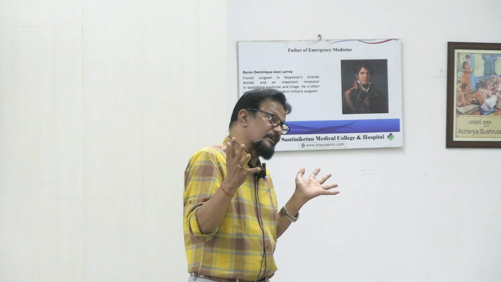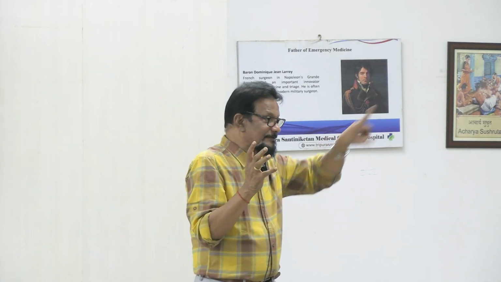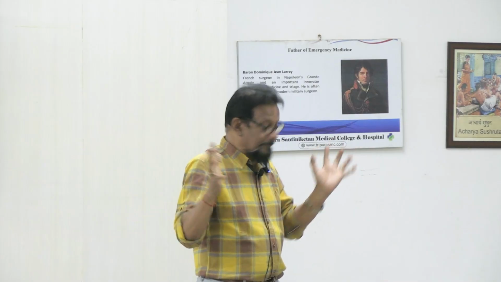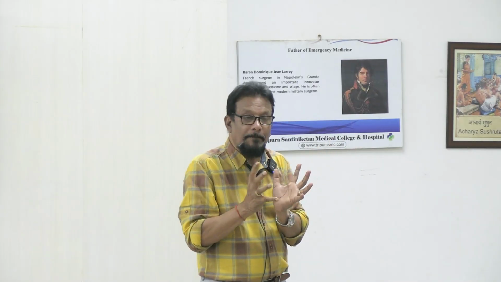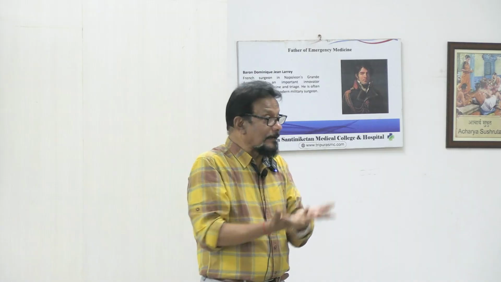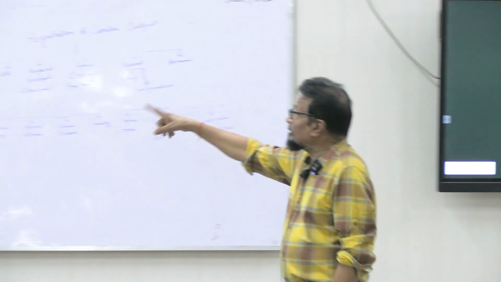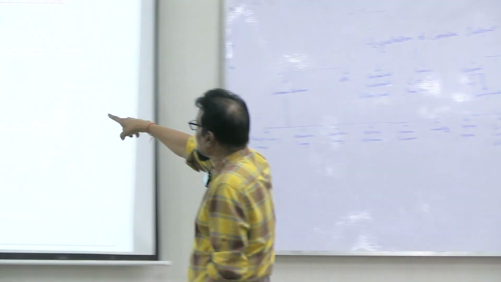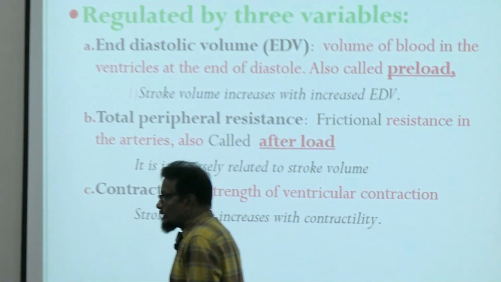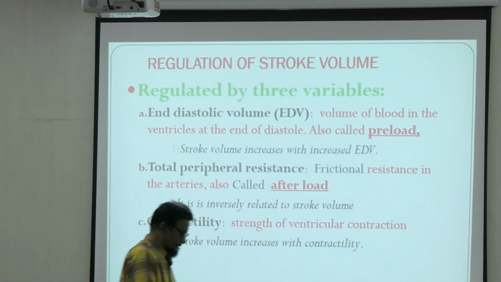It may be stretched more, but since this area cannot contract, the ventricle will not be able to generate cardiac output, stroke volume as earlier. So what are the main factors? One is preload, another is afterload, and the strength of cardiac muscle contractility.